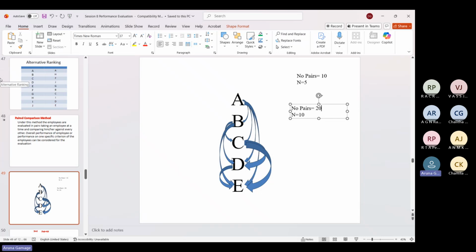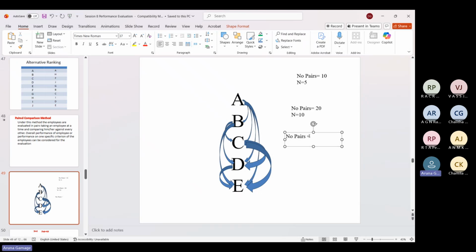Tell me, be frank. If you have studied that particular lesson, you could answer very clearly. There is a formula that you can use to calculate the number of pairs easily. So how do you calculate the number of pairs?